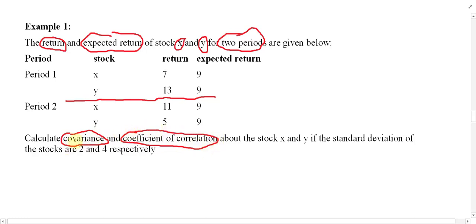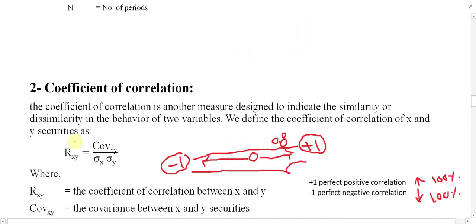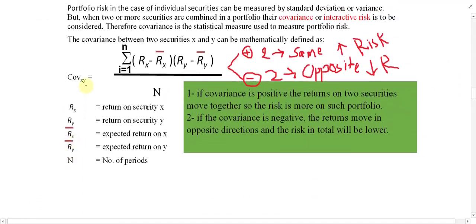First of all, let us calculate covariance. How to calculate covariance? This was the formula: covariance is equal to the sum of return of X minus expected return of X, times return of Y minus expected return of Y. So how many columns are needed? 1 column for return and 1 column for expected return, and the next column for the deduction.